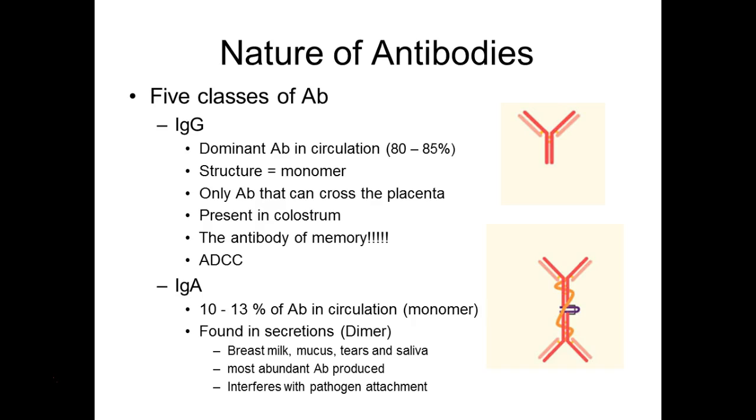ADCC is an acronym. Stands for antibody dependent cellular cytotoxicity. And so this class of antibody is the only one that can be involved in this action of your immune system, where antibodies attached to cells can actually cause the destruction of those cells by another cell.